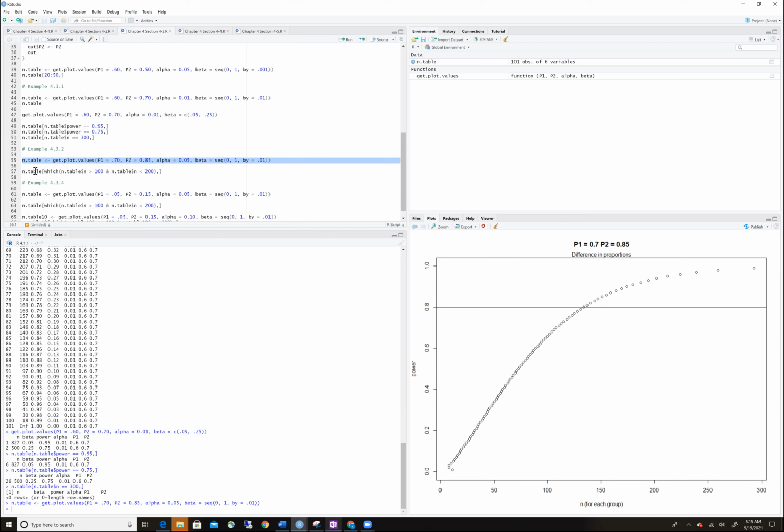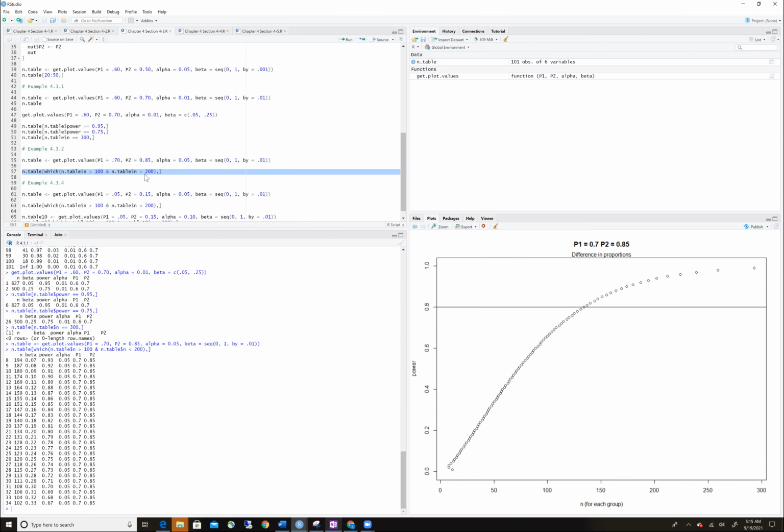Then I'm going to just look at the values where my number of subjects is bigger than 100 and smaller than 200. By running this, I can see that the power in this situation is going to be from 67% up to 93%.